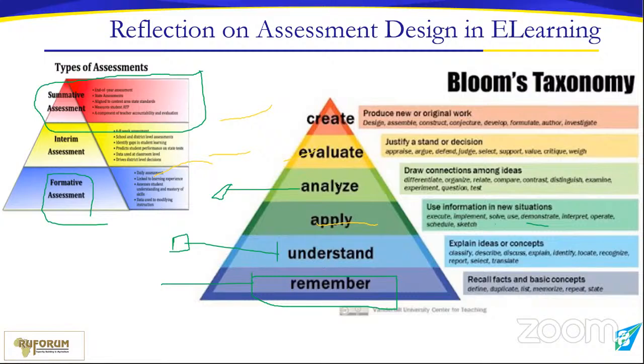Then evaluate. So, justify a stand for a decision. So if a learner is presented with certain situations, you want to see, at a very high level, the learner is aware of facts, can analyze, can apply, can he really tell a difference? So he makes a judgment and he can defend a judgment, okay?